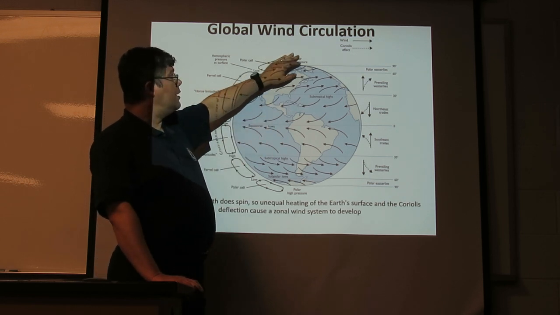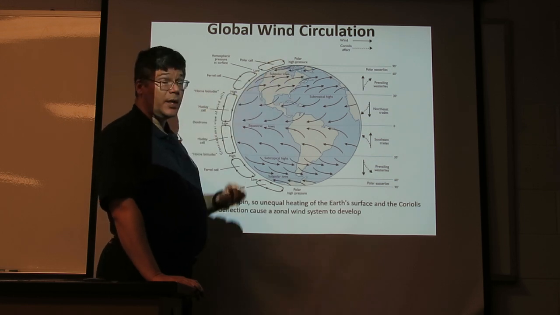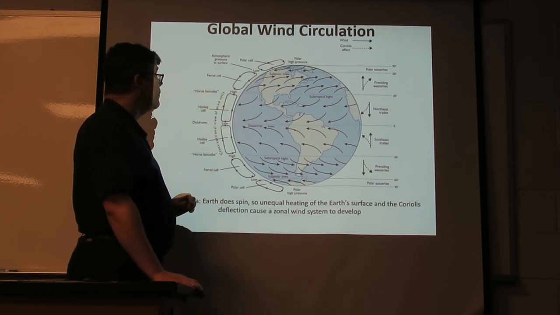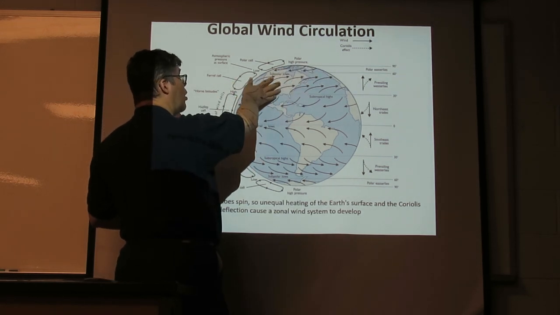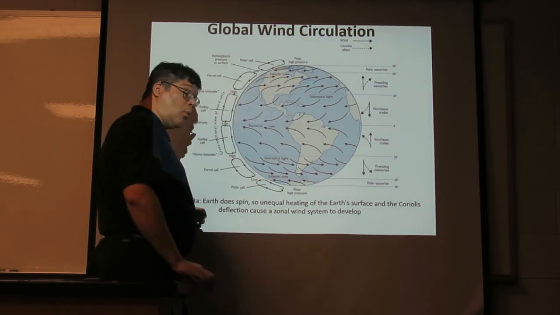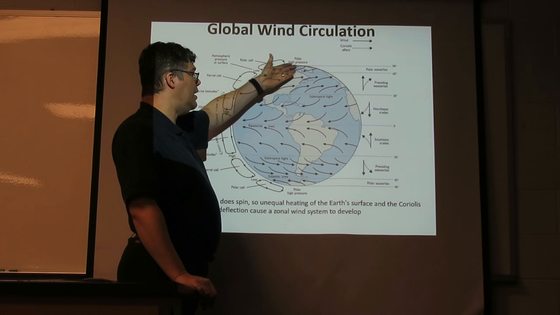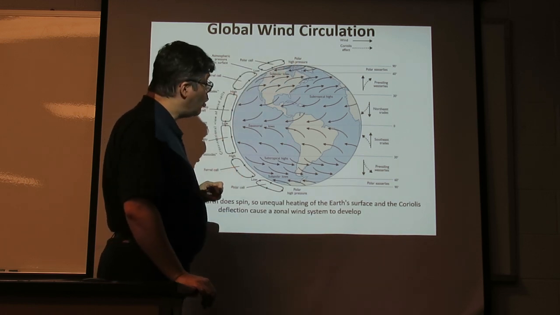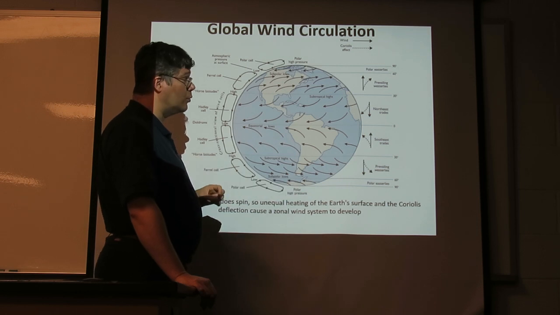And then once again, yep, it is cold air sinking at the poles, so we get another loop there. So our winds will tend to be coming from the west and also away from the equator towards the pole in our mid-latitudes, and then once again from the east and towards the equator in the polar regions.